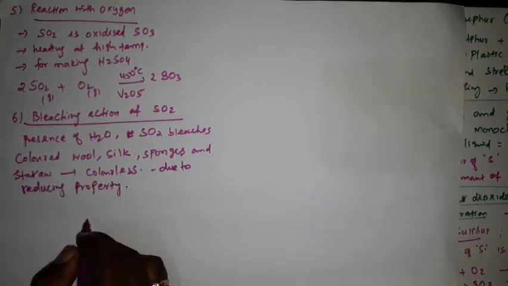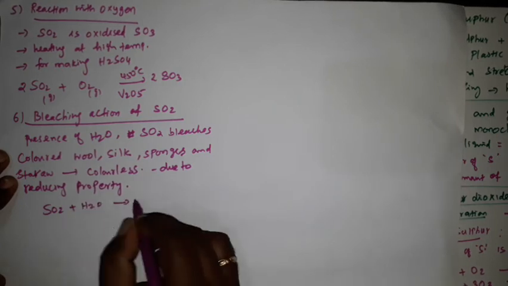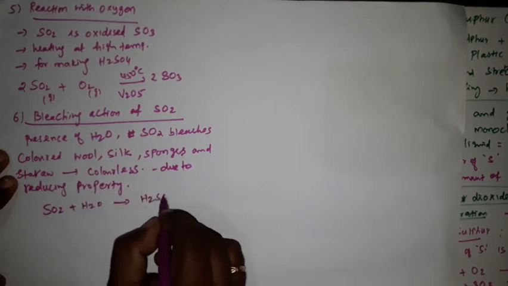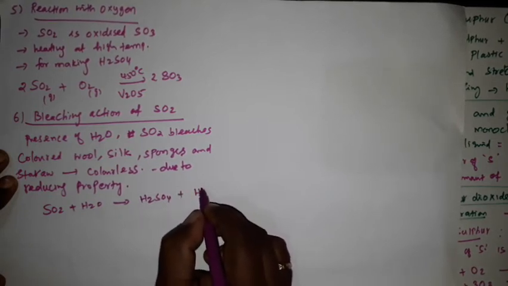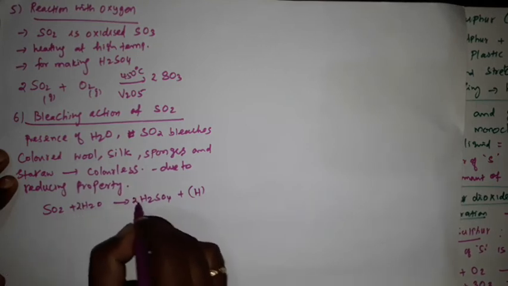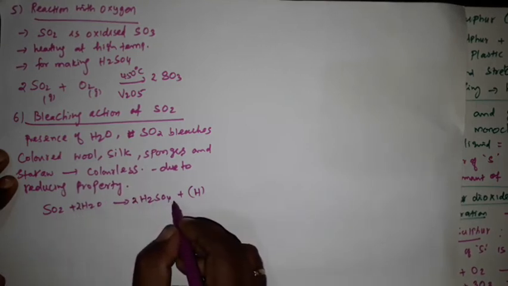Okay. See, sulfur dioxide is SO2. So in the presence of water, H2O, it will form H2SO4, then nascent hydrogen. So balance. So put 2 here, 2 here, then here also 2.